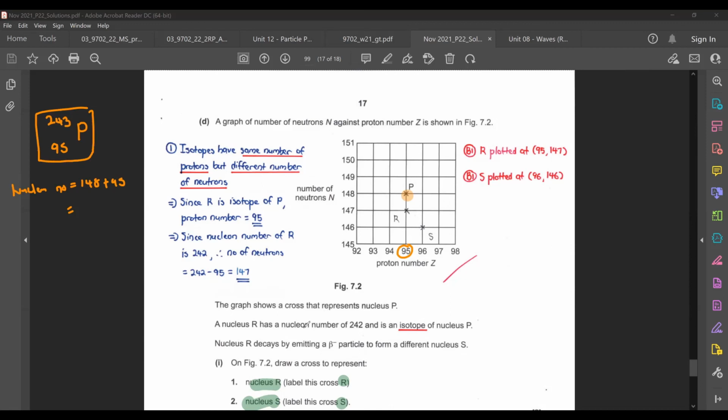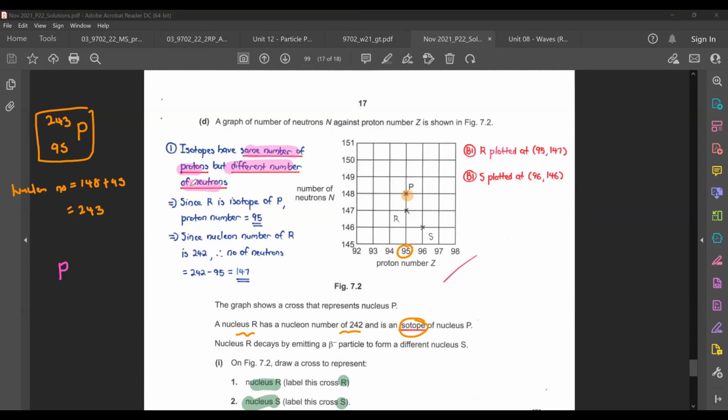Now nucleus R has nucleon number 242 and is an isotope of nucleus P. We know that isotopes have the same number of protons but different number of neutrons.